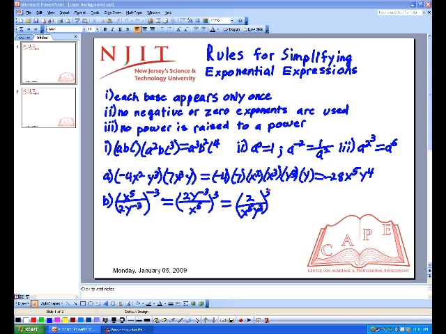Now we need to distribute the exponent, so that's going to equal 2 cubed all over x to the fifth cubed, y cubed, which is going to equal 8 over x to the 15th y to the 9th.